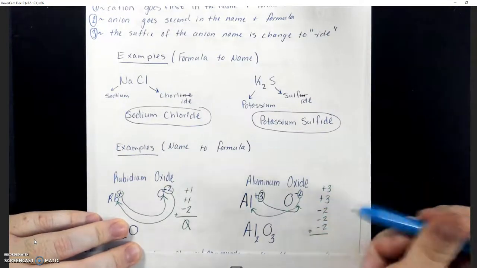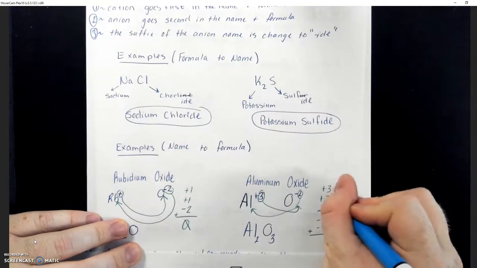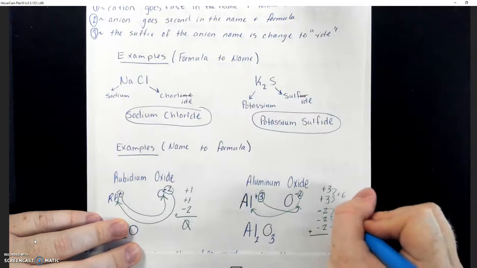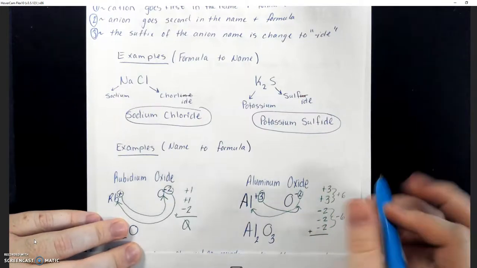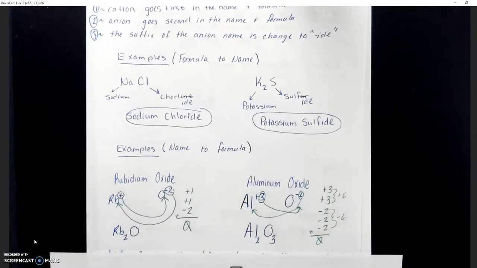If you add all that together, +3 + 3, that's +6. -2 + -2 + -2 is -6. +6 + -6, 0. Our formula is correct. So there you go for the binary compounds.